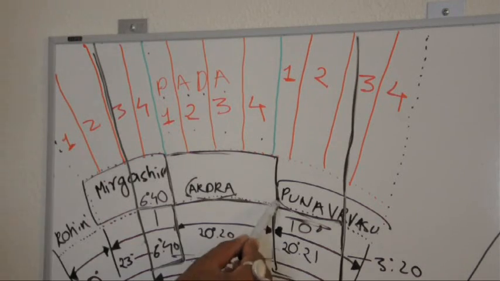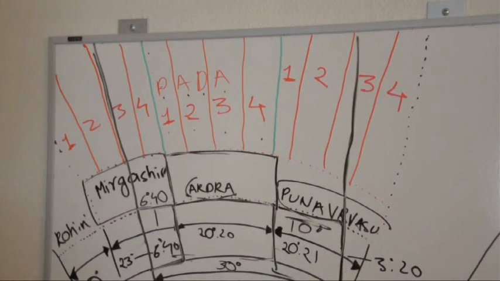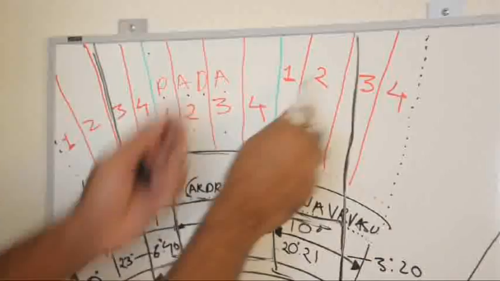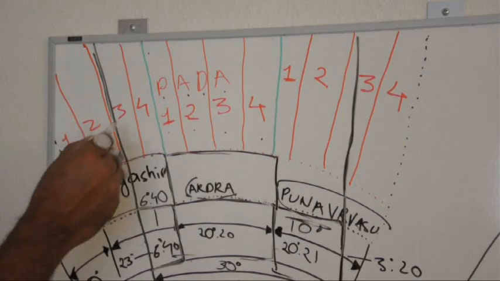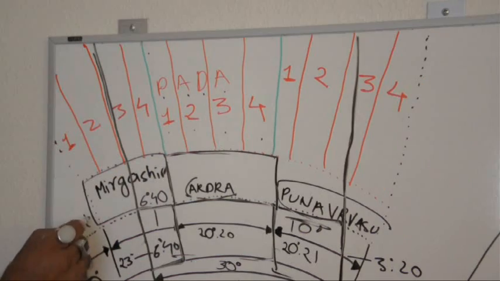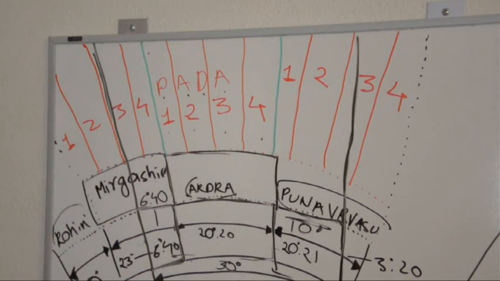Same thing happening here. If you go on Punarvasu, which goes from Gemini and overlaps into Cancer, this has 4 sections. So each nakshatra in each zodiac sign has 4 padas. So you see Rohini, this is the nakshatra of Rohini. In Taurus, this has 4 padas and is overlapping from Aries to Taurus.